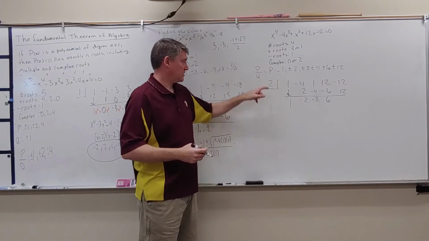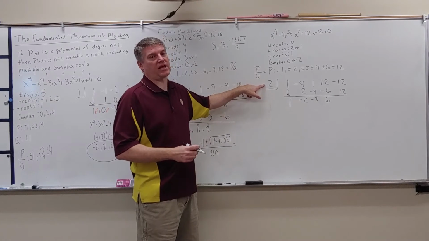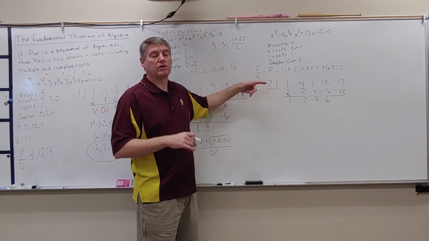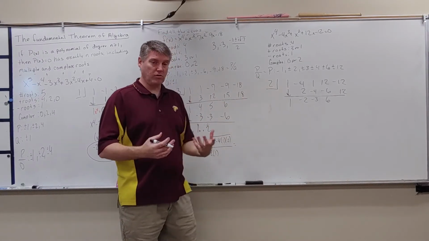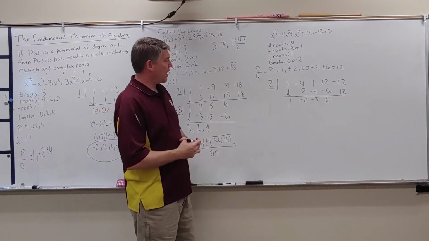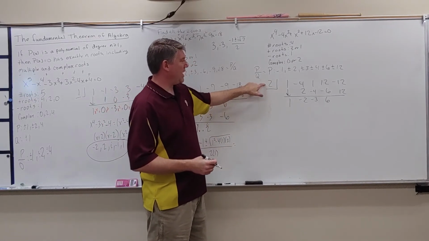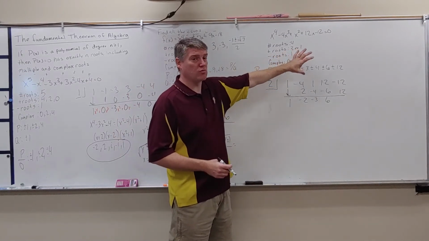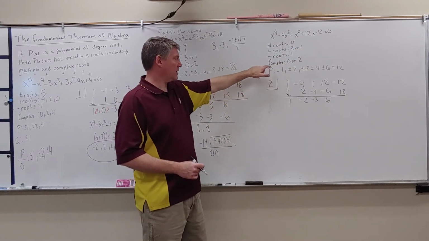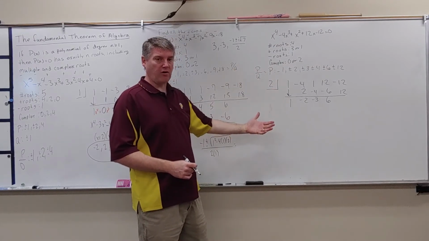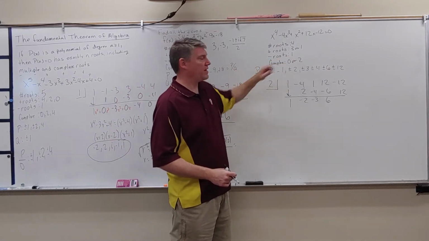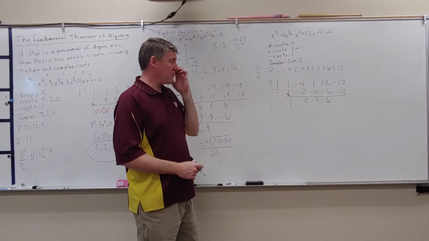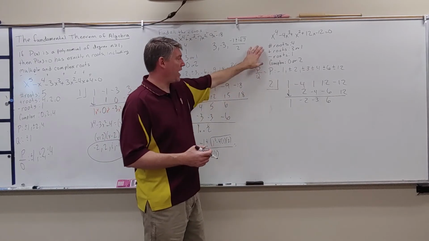Okay. Now, does that eliminate 2 as a root now? No, I actually can have multiple. So I already have my 1 positive though. So I could have 2 more positive though. But let's jump to our negatives now because I know I have 1 negative. It might not be a rational zero though.